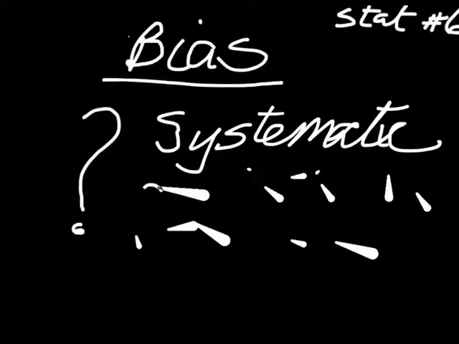So say for instance, I choose one of these sampling procedures, say convenience samples, and I want to interview all Washoe County students and find out what their dreams are for the future. And that's my population of interest.